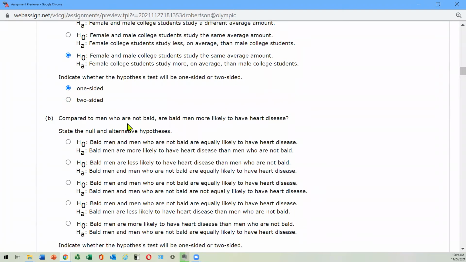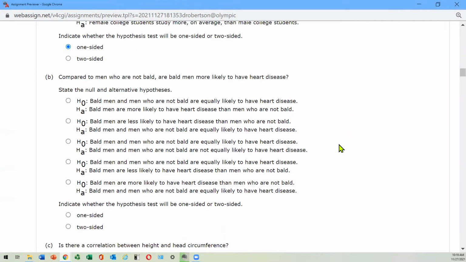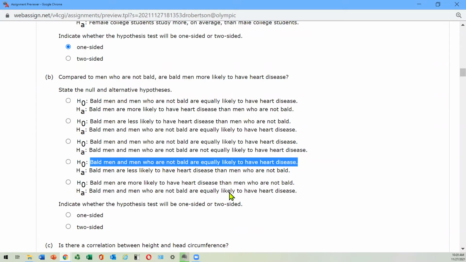Compared to men who are not bald, are bald men more likely to have heart disease? So we're looking for bald and not bald, and are bald men more likely to have heart disease than non-bald men? Okay. So we need to find one that essentially says that in the alternate. So the null hypothesis is going to always look like this sentence, and there's lots that have that sentence.